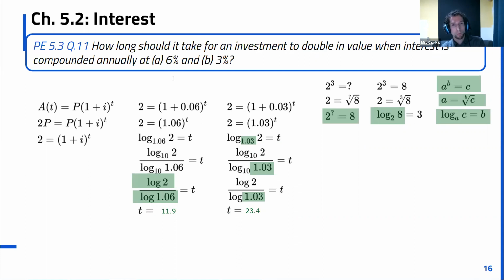Or if it's an even lower rate, like 3%, which is a pretty terrible return rate for your investments, it would take 23 years in order to just double in value. That's really not that good. You'd want to find something better. At least like 8% would be nice. Like 6 to 8% is sort of a good, safe amount.